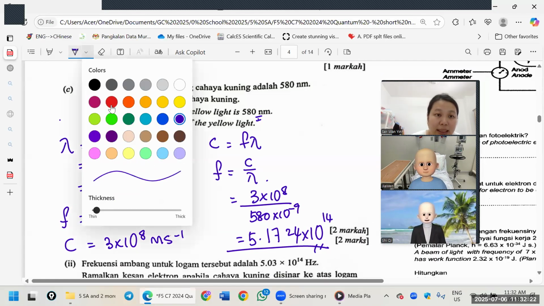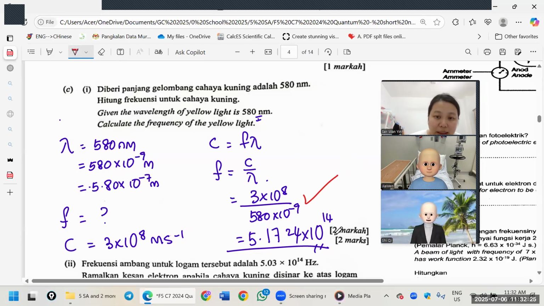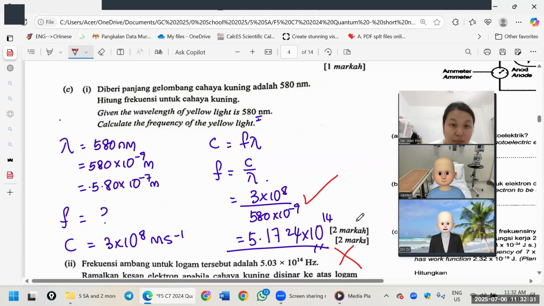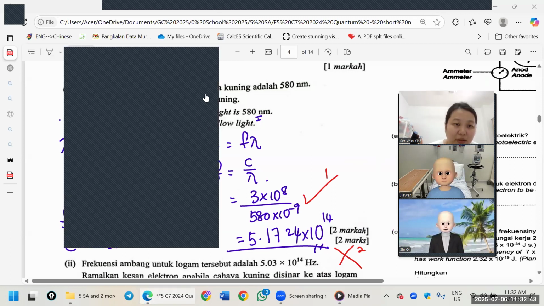Then I will get 1 mark, and what's wrong? Why can I not get the second mark, mark 1, mark 2? Yeah, thank you.